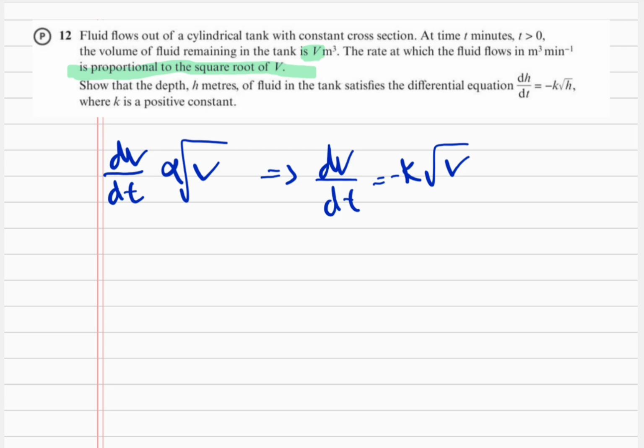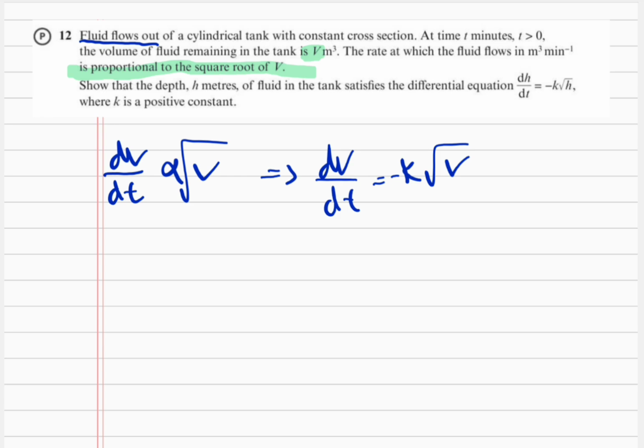The use of k is very clear because it's proportionality and we always include a constant when we want to form the equation. But the reason it's negative is because the fluid flows out of a cylindrical tank. That means the volume inside the tank is constantly decreasing. So that's why we have a negative constant here.